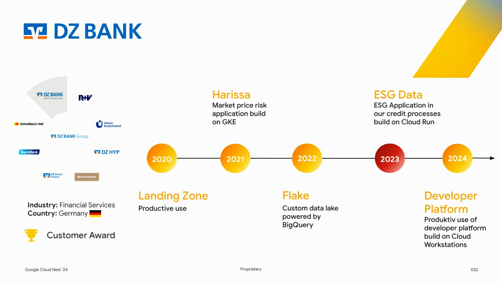Harissa itself won the customer award in the category Financial Services in 2023 for the reason cloud-native, scalable, and modern architecture on GKE. Harissa itself was automated and FinOps optimized from scratch.